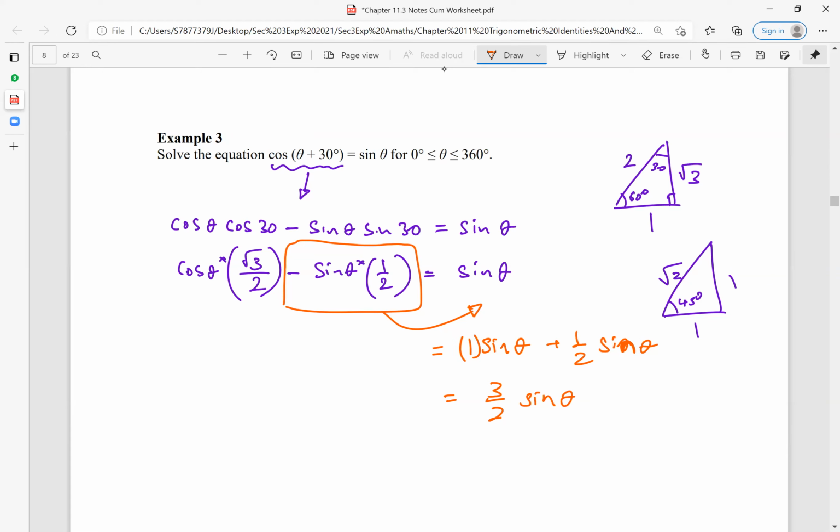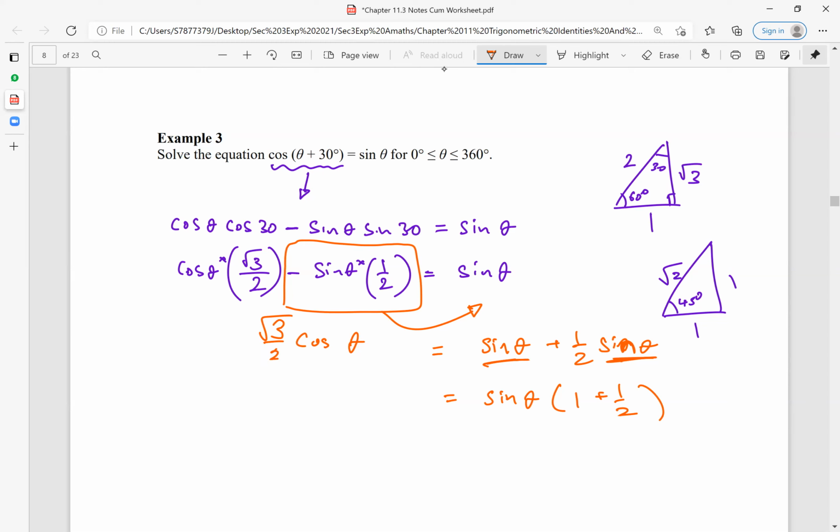If not, you factorize out. You take out sine theta, you're left with 1 plus half. You take out sine, take out sine. Then here I'm left with cosine theta square root 3 over 2.